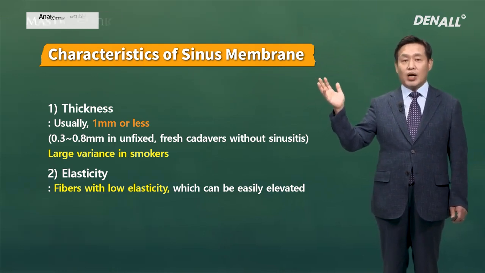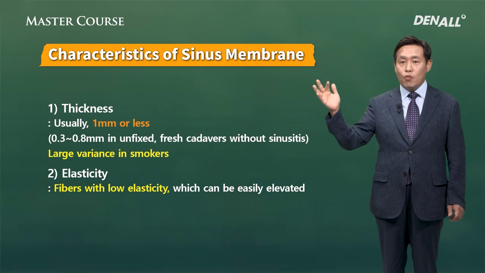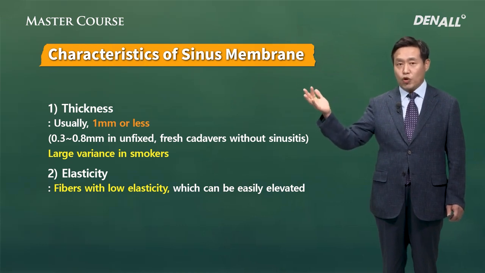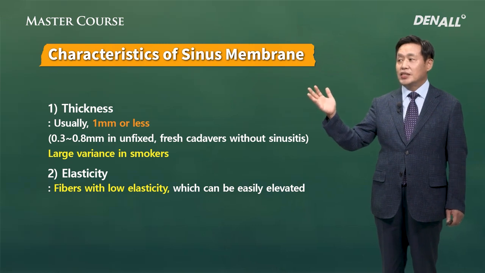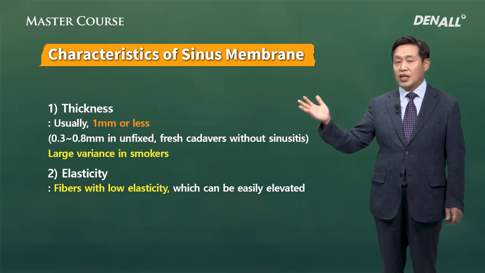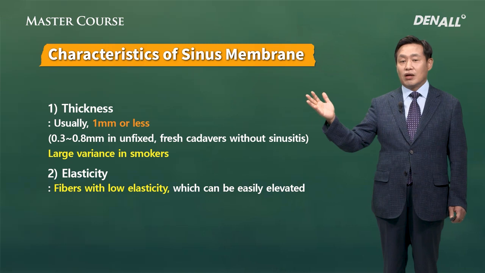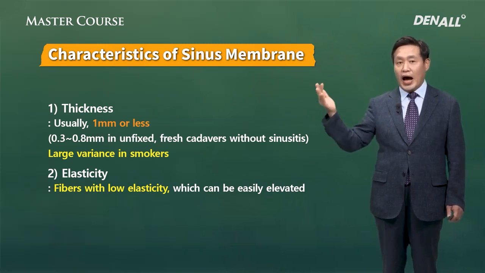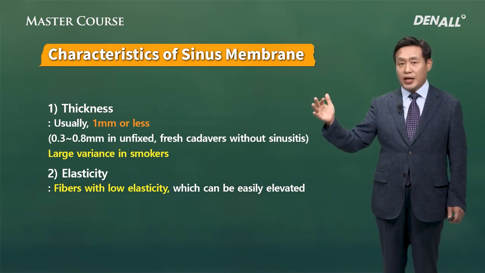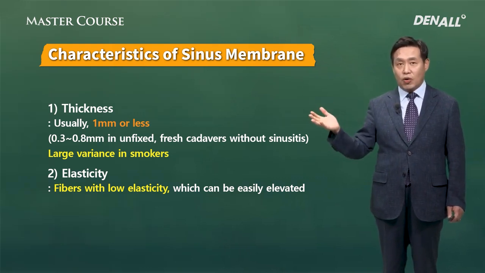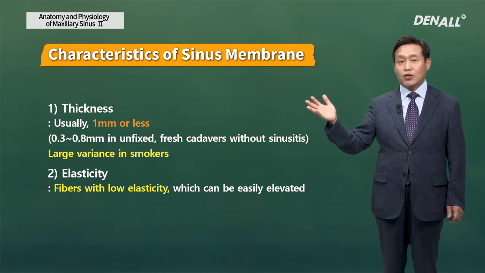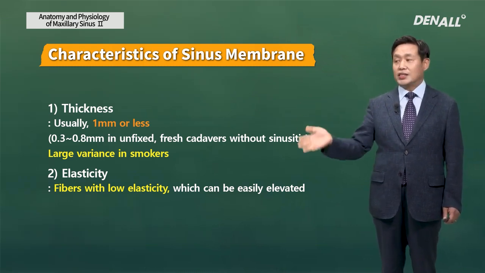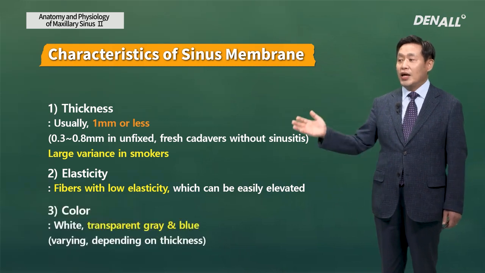That means when you raise a periosteum, there's a resistance that makes it hard. However, the fibers are not elastic, so unlike the periosteum, you can raise the membrane easily. The details will be explained with the sinus membrane lifting.